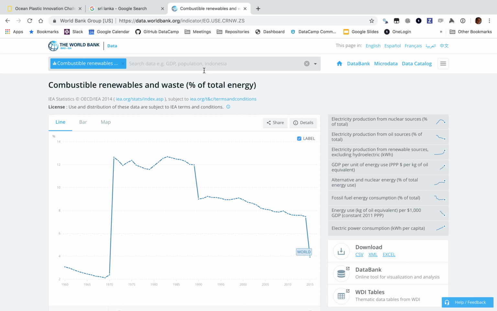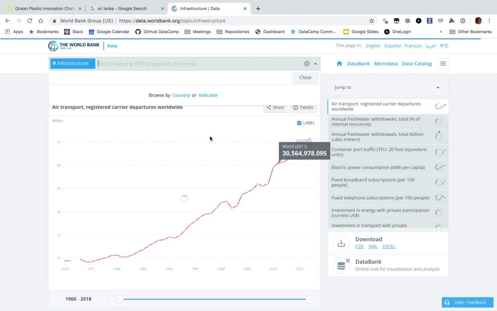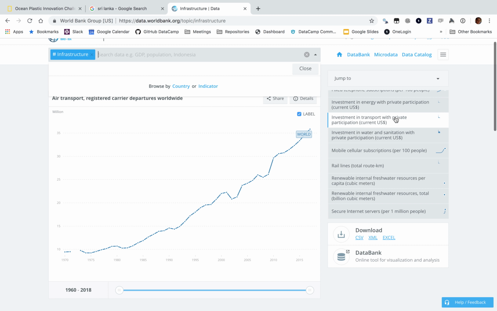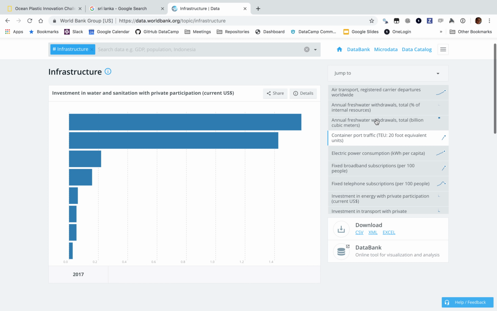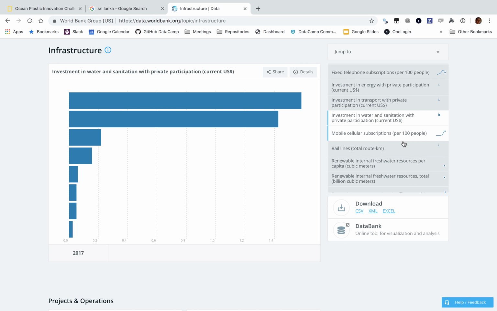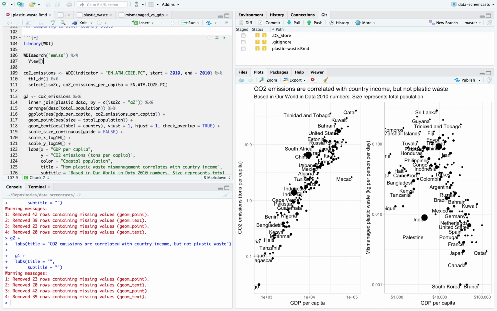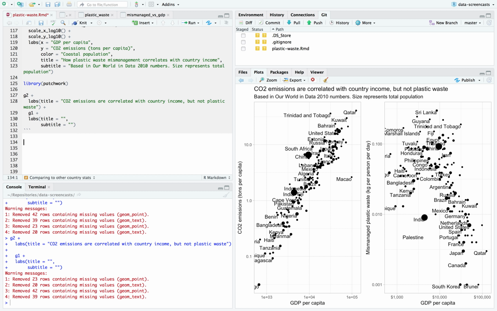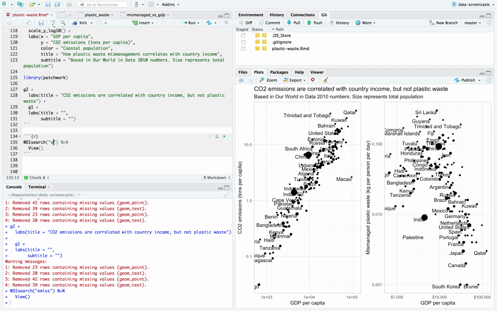Sometimes I wonder, does it have to do with something like infrastructure? All right, this is one thing that could be correlated. Investment in water and sanitation. Maybe. I'm kind of just exploring here, getting a feel for what variables are available, so many of them, and look for the word waste.